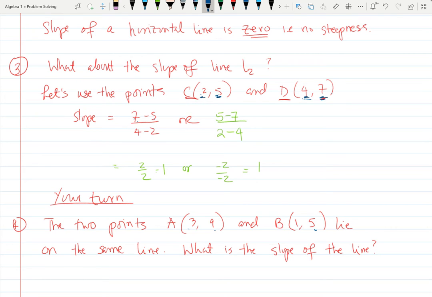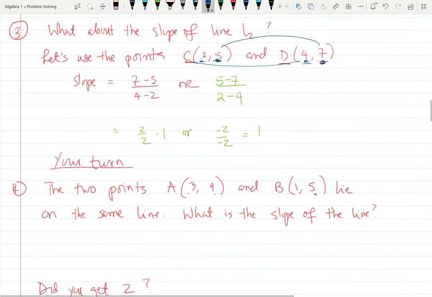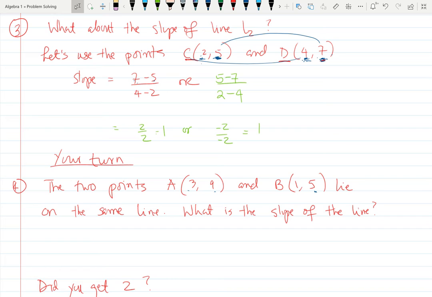If you do 5 minus 7, then you have to do 2 minus 4. So make sure it matches. If you do 7 minus 5, it should be divided by 4 minus 2. Or 5 minus 7 divided by 2 minus 4. You get the same answer either way.